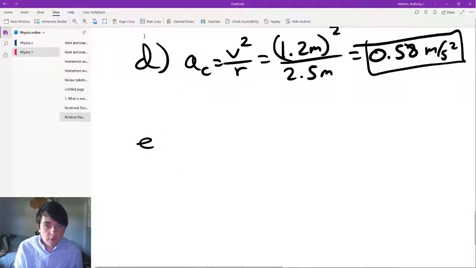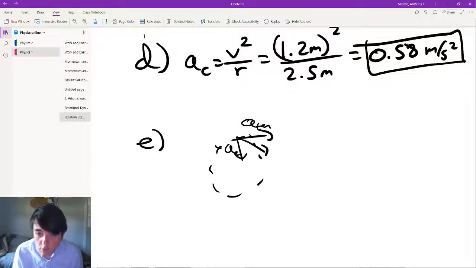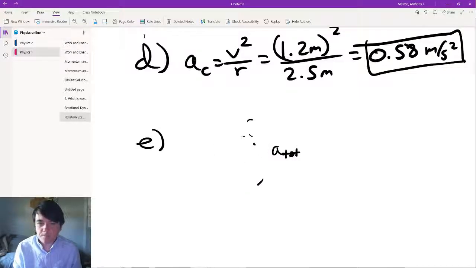Next up, we had the total acceleration. If you remember, with rotation, our tangential acceleration is this way and our a_c is this way. And so our total acceleration was just a combination of those two vectors.